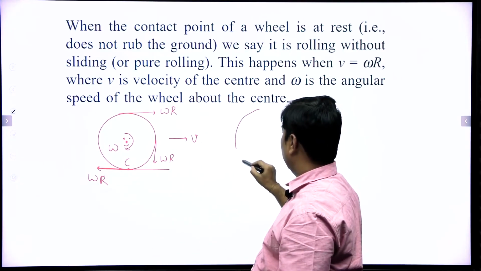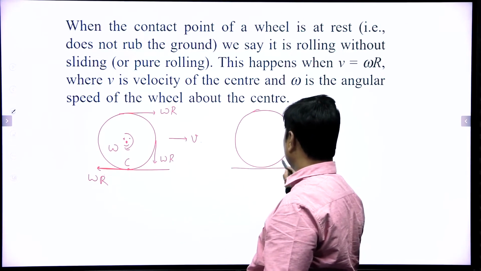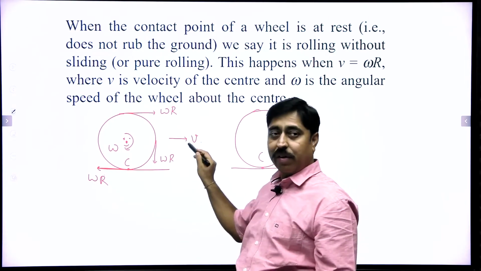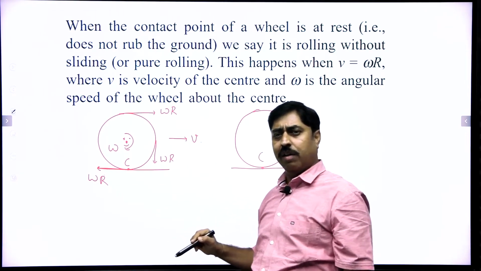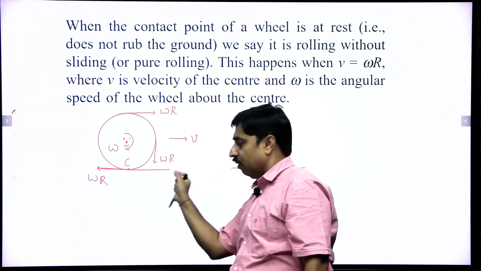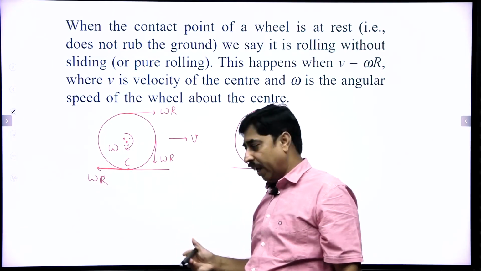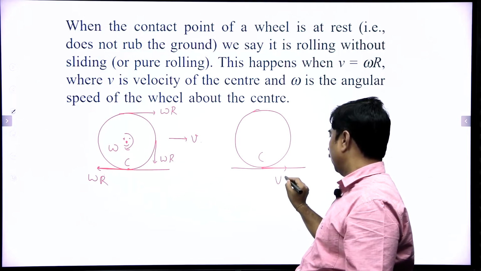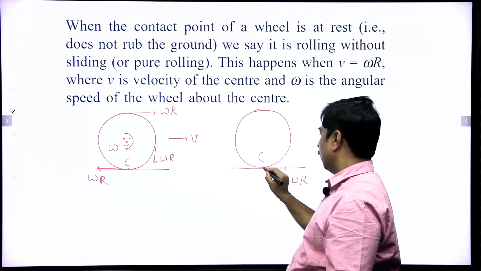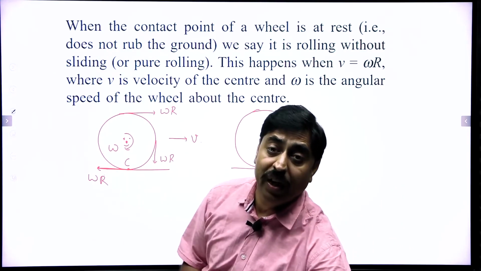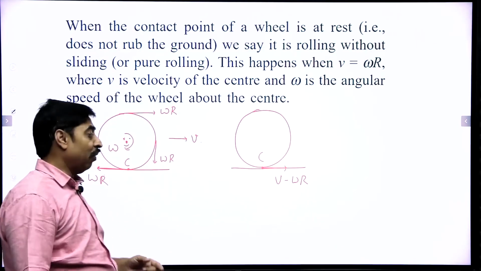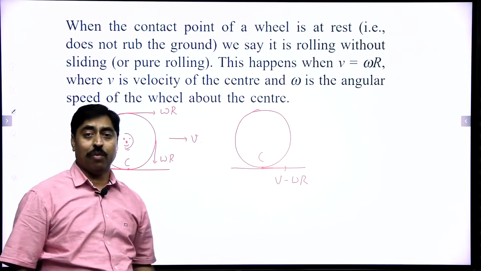So in general, what will be the velocity of the contact point of this wheel? Let us assume this v is larger than omega r. That vector sum of v right and omega r left will be v minus omega r in this direction. So the contact point in this case is moving relative to ground. With respect to ground, the velocity of the contact point is v minus omega r.